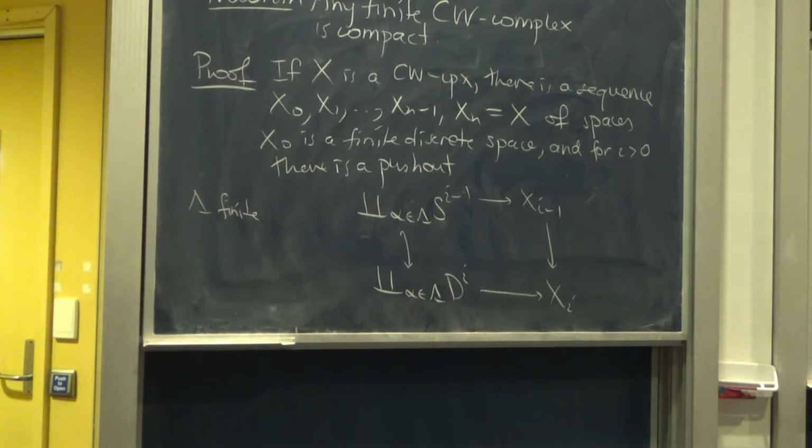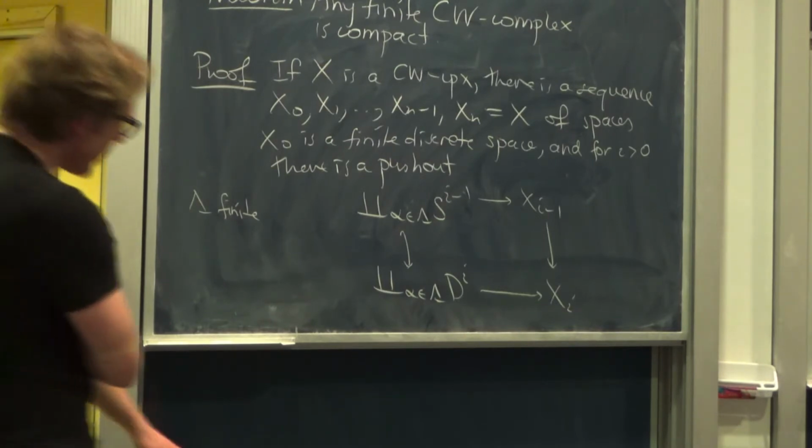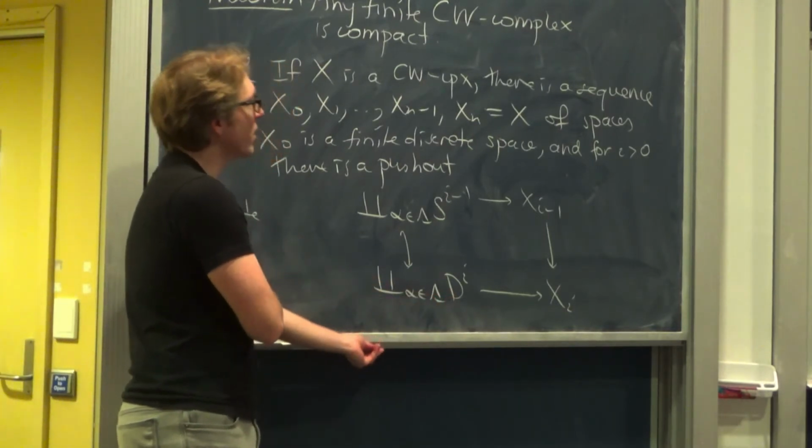So there's some diagram that looks like that, which constructs Xi from Xi minus 1 by attaching some number of i-cells.